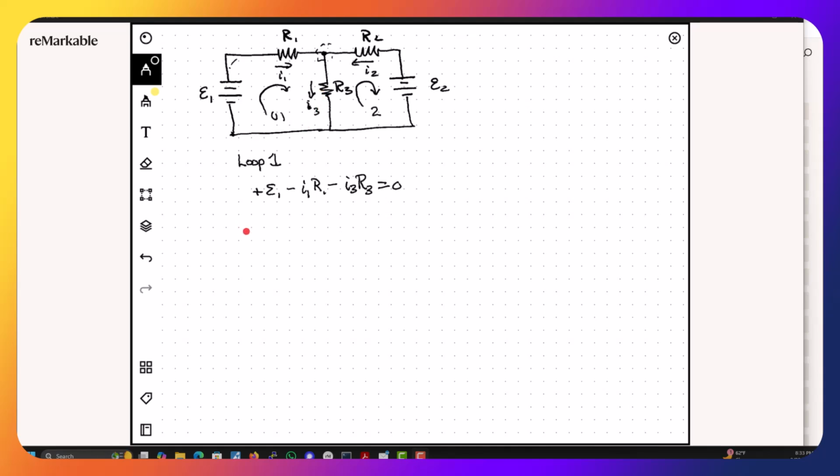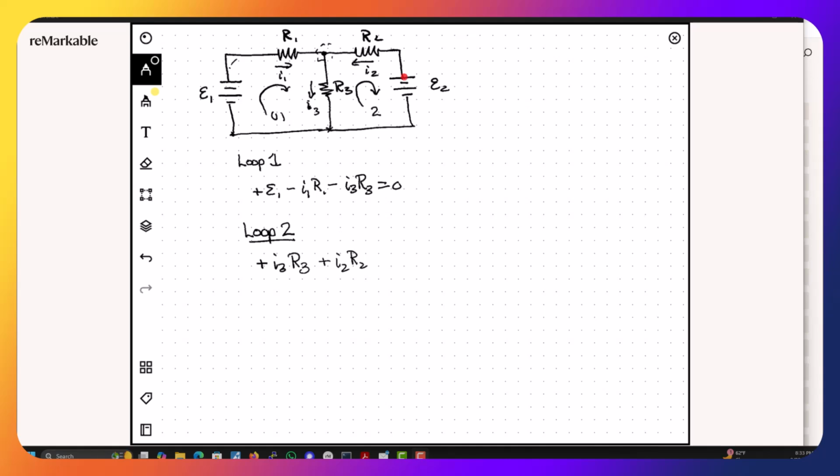Okay, let's look at loop 2. So I'm going to start in the lower left-hand corner. Okay, so I'm now going to go against the current through I3, so that's plus I3 R3. I'm going against the current here, plus I2 R2.